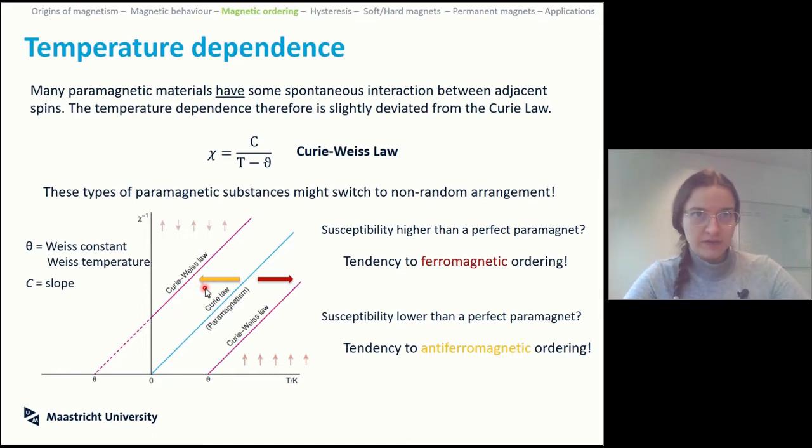You can shift from one point to another, but the Curie law and the Curie-Weiss law are just for the paramagnetic regime. So how does this actually look?